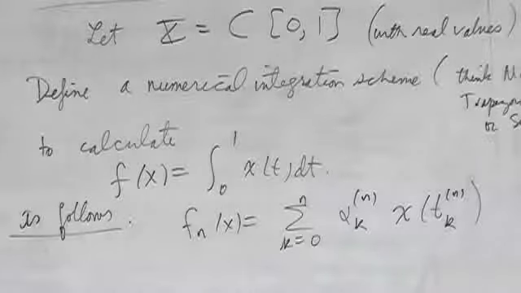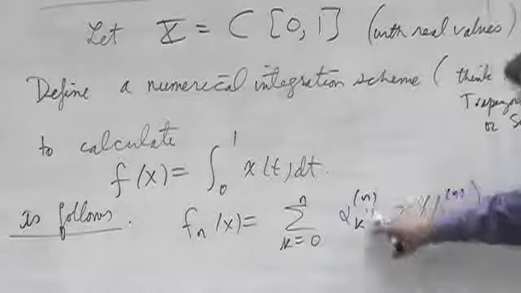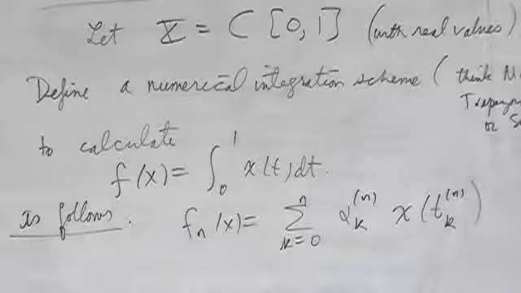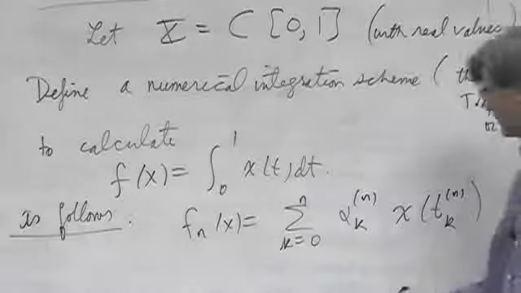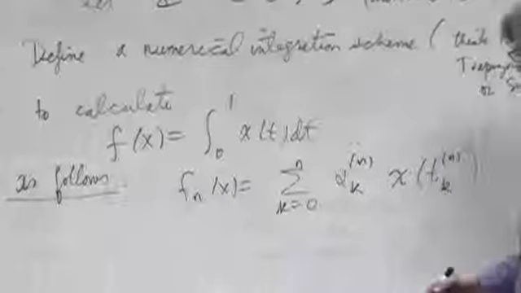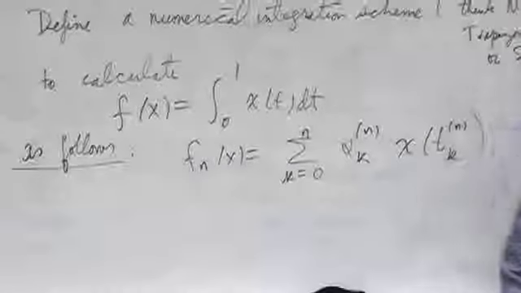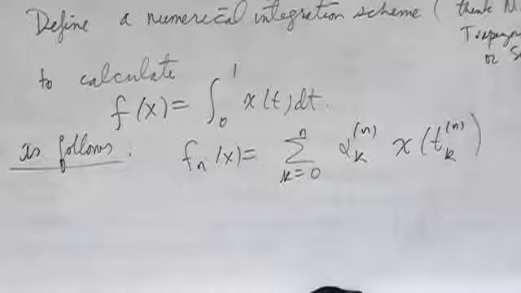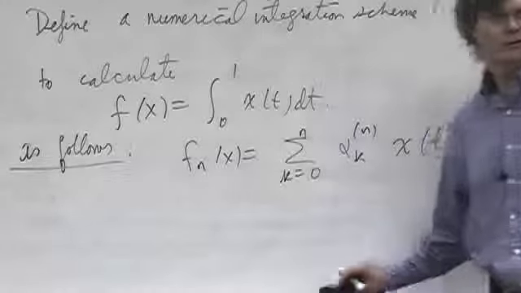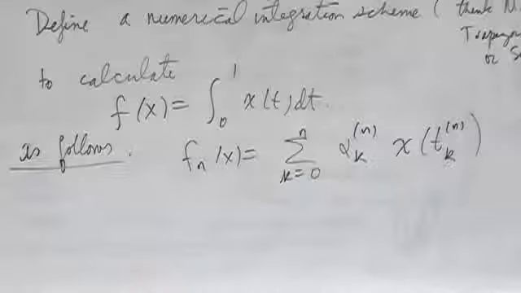The midpoints of the partition intervals, for example, would be our nodes where we calculate x, and these are going to be some kind of scalar coefficients, like maybe they're all 1 over n in the case of the midpoint rule. You just take the average of the function values at the midpoints of the partition intervals.